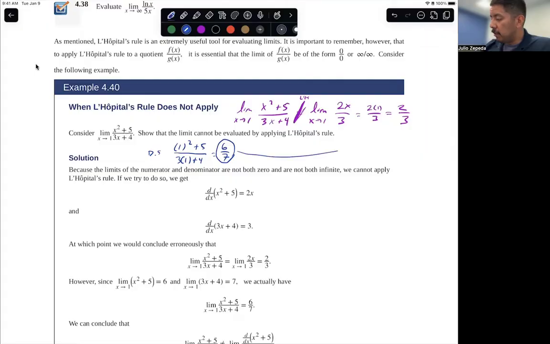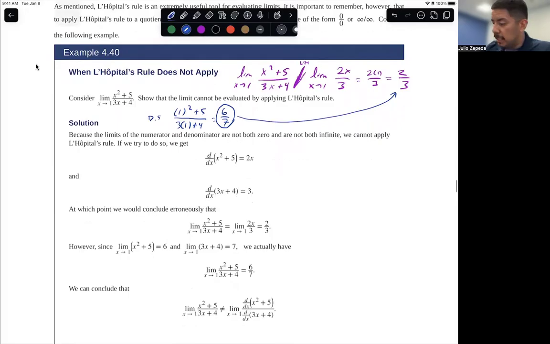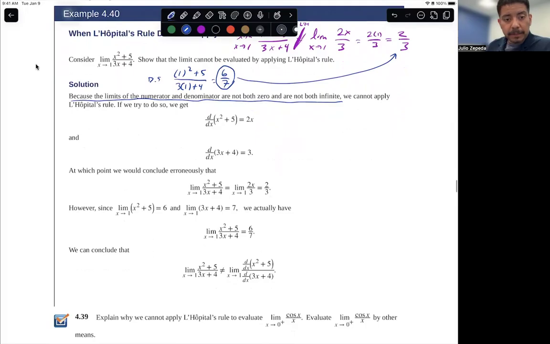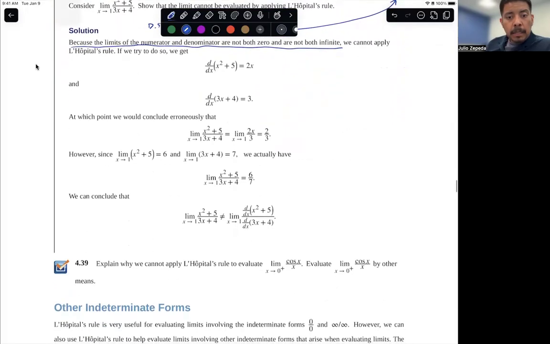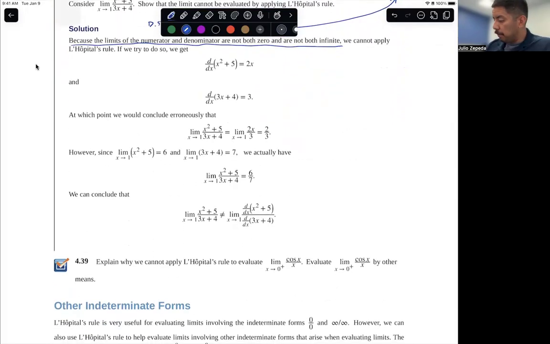Notice that that's different than 2/3, because L'Hopital's rule gave us the wrong answer because L'Hopital's rule didn't apply here. Okay, so it says here, because the limits of both the numerator and denominator are not both 0 or not both infinite, we cannot apply L'Hopital's rule. You can see that it would give you the wrong answer. All right, so be careful there.